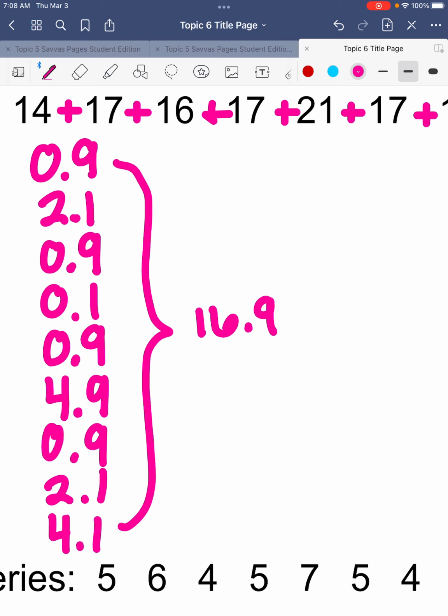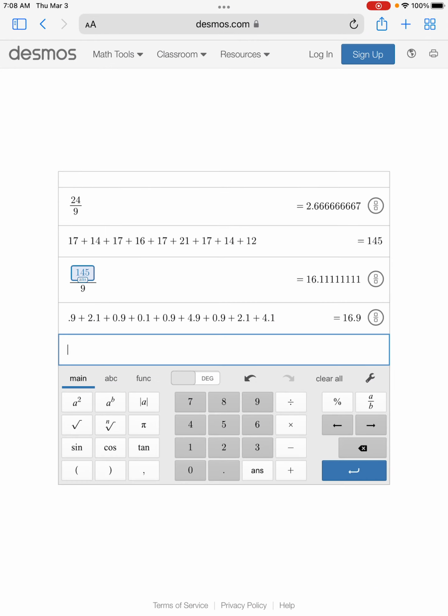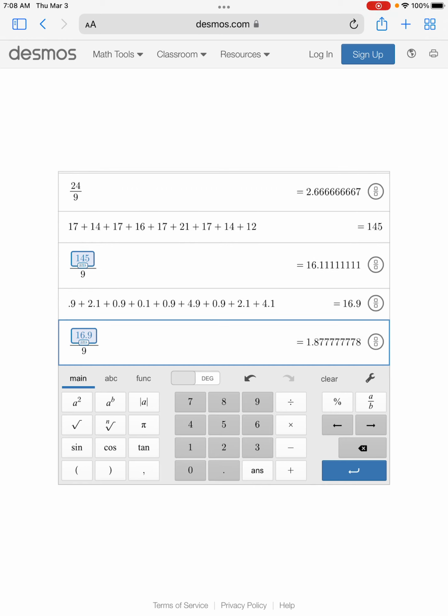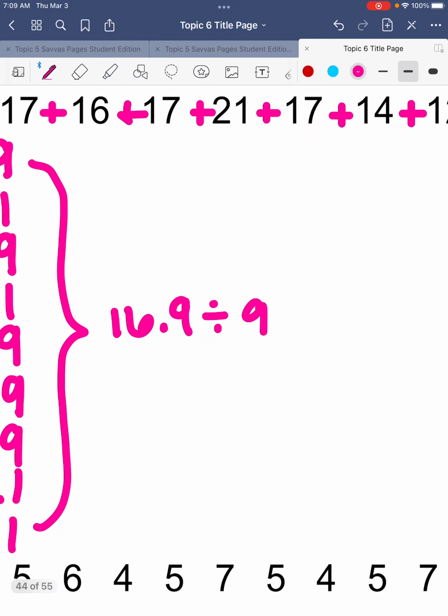Now we divide by the number of terms that we have. So I've got 1, 2, 3, 4, 5, 6, 7, 8, 9. So I'm gonna put that into my calculator. So we have 16.9 divided by 9, and we get 1.87 repeating.